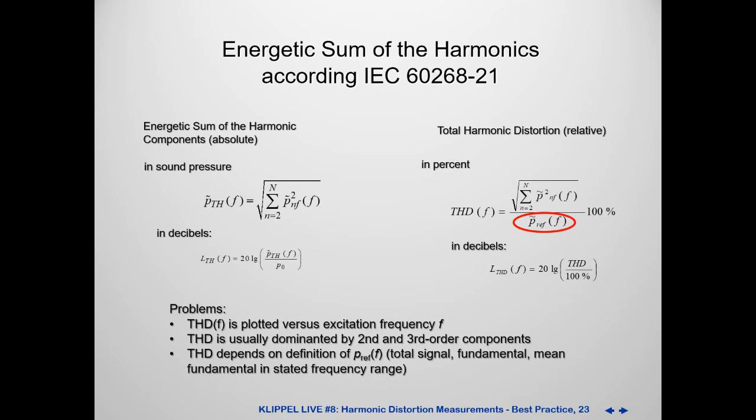Usually it is the total signal, but there are some other ways to use PREF. The PREF might be the total signal. It might also be only the fundamental or the mean fundamental in a certain stated frequency range. Then we usually come to the percentage value, but of course we can also describe that in dB.